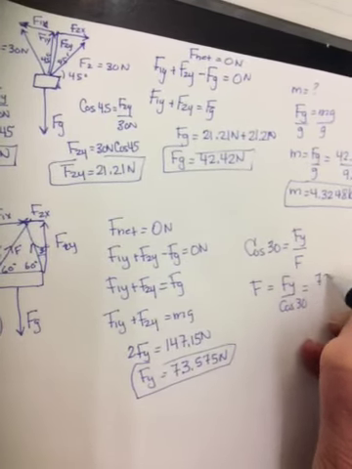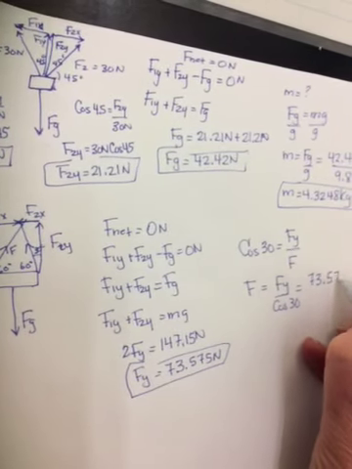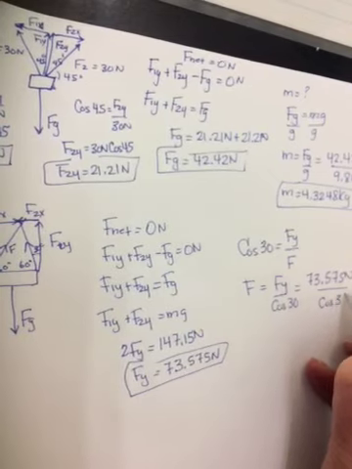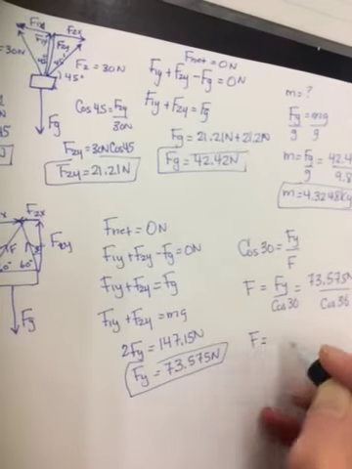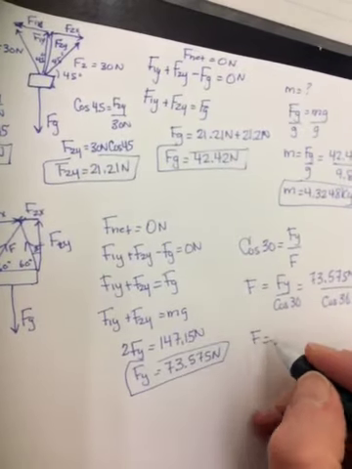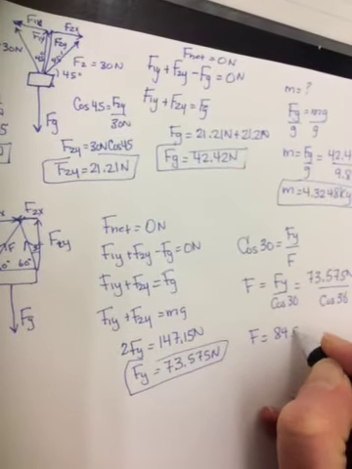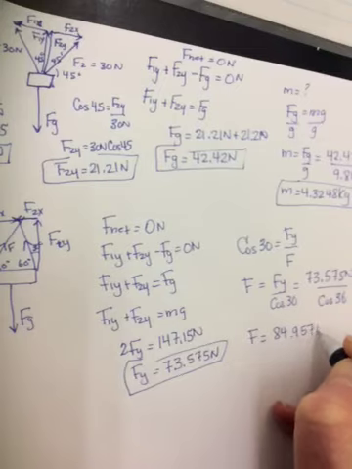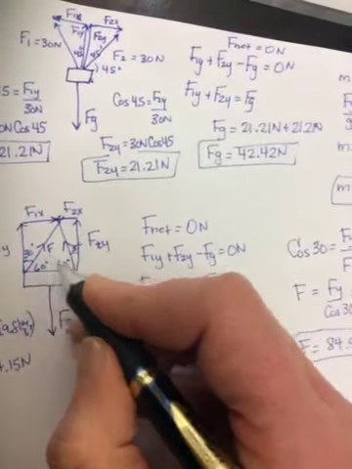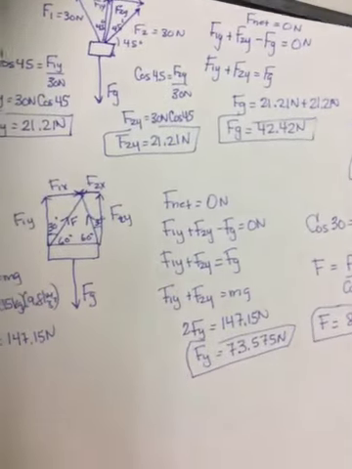Fy is the 73.575 newtons divided by the cos of 30. F is equal to 84.957 newtons. Okay, so that's both of the forces. They're the same because the angles are the same.